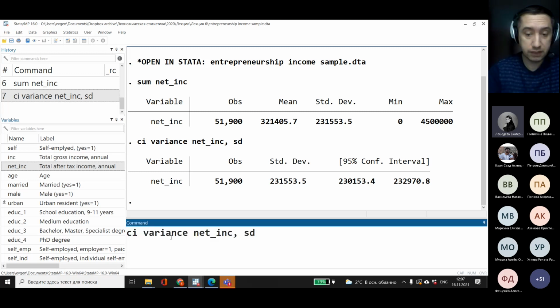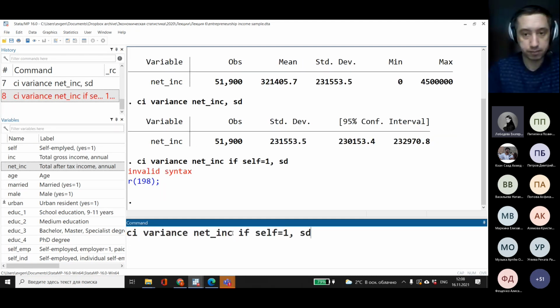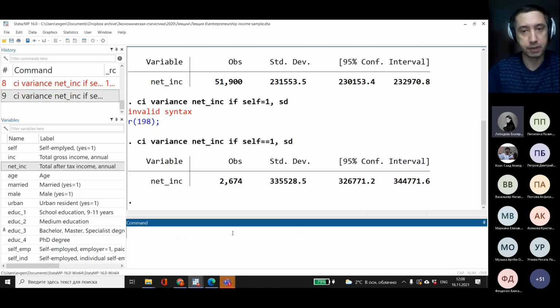What if you want to calculate it for a subgroup? We can slightly change our code and calculate the confidence interval for the standard deviation of entrepreneurs' income.